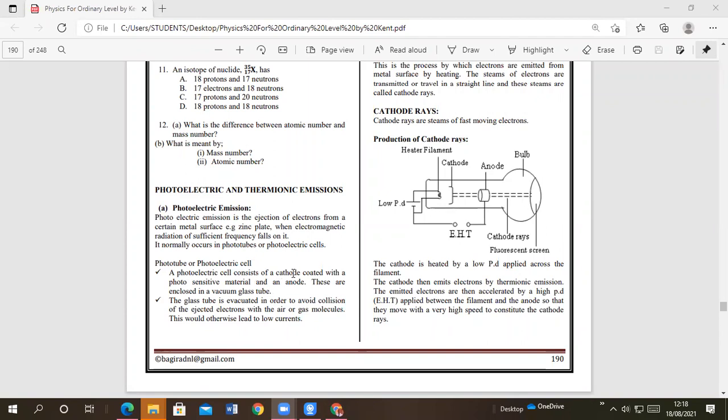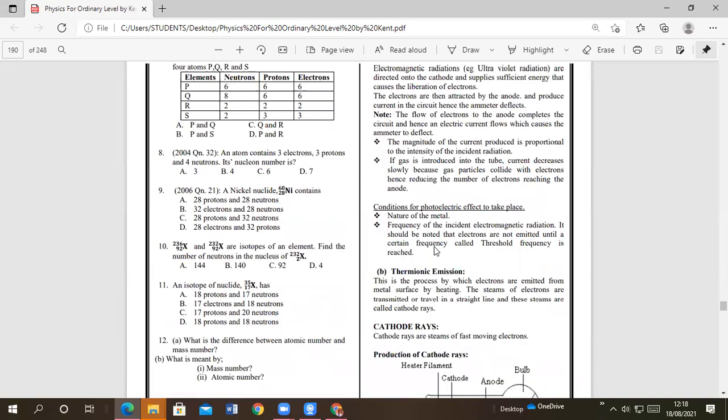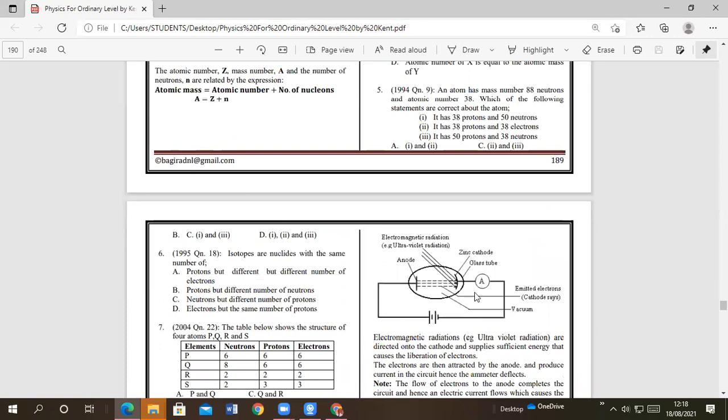I told you that a cathode is negative. Its purpose is to produce electrons. And it is coated with a photosensitive material. What's the use of the photosensitive material? The material is sensitive to light, such that if light is incident on it, it is going to produce electrons. So this is what they are talking about.